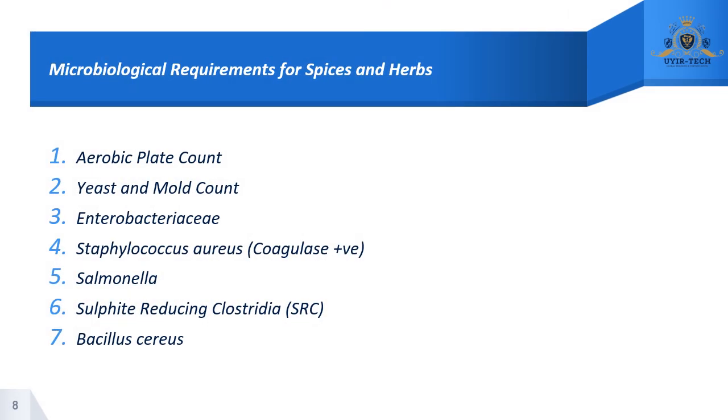Microbiological requirements for spices and herbs: aerobic plate count as per ISO 4833, yeast and mold count ISO 21527, Enterobacteriaceae ISO 21528, Staphylococcus aureus ISO 6888, Salmonella ISO 6579, sulfite reducing Clostridia ISO 15213, and Bacillus cereus ISO 7932.